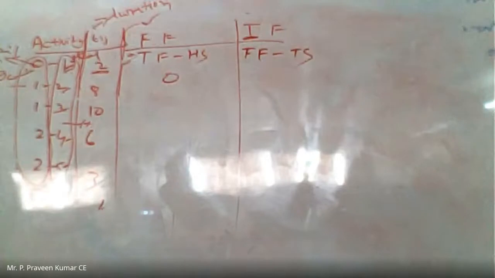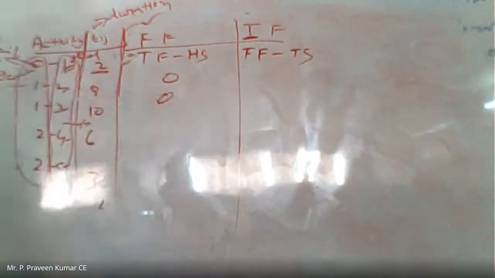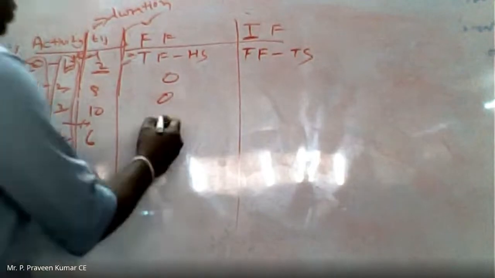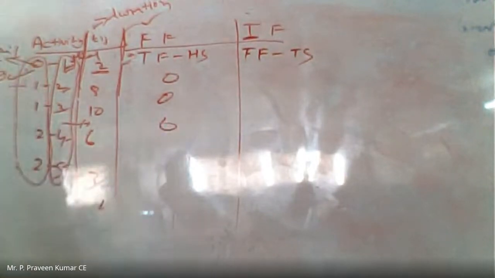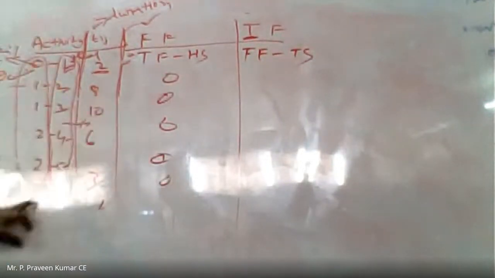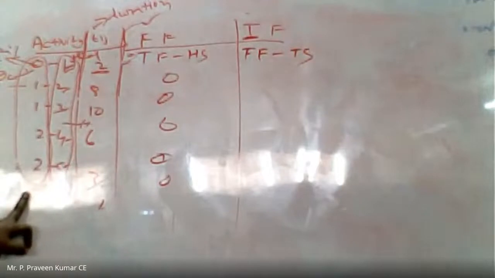Next one is 6 minus 6, 0. Next, for nodes 1, 2, 3, TF is 0 and HS is 0, 0 minus 0, 0. Next one, 12 minus 12, 0. So all you are getting is 0 for these first 5 activities.